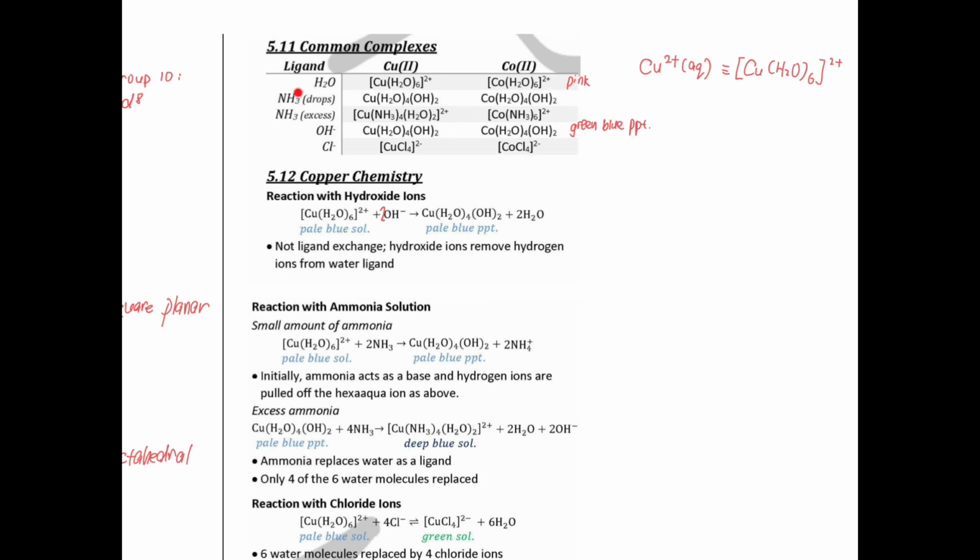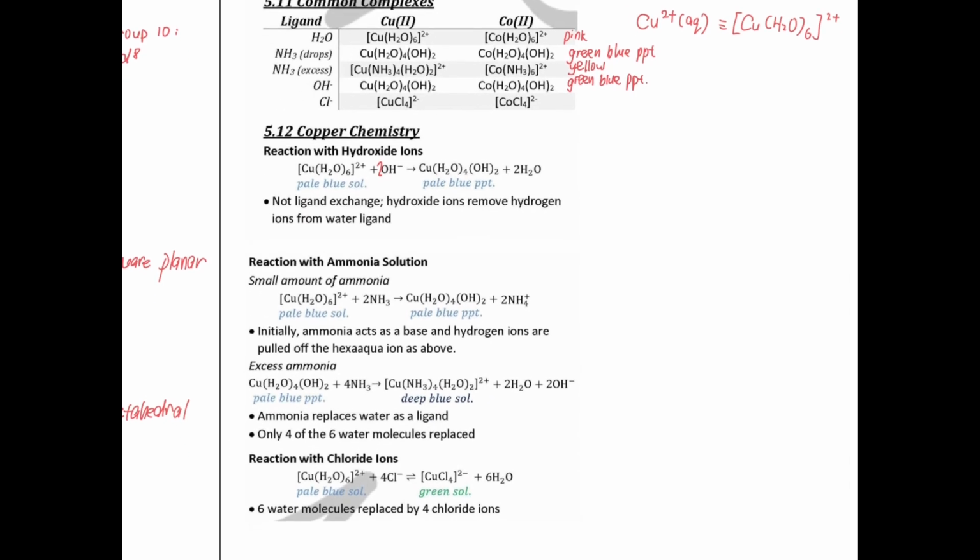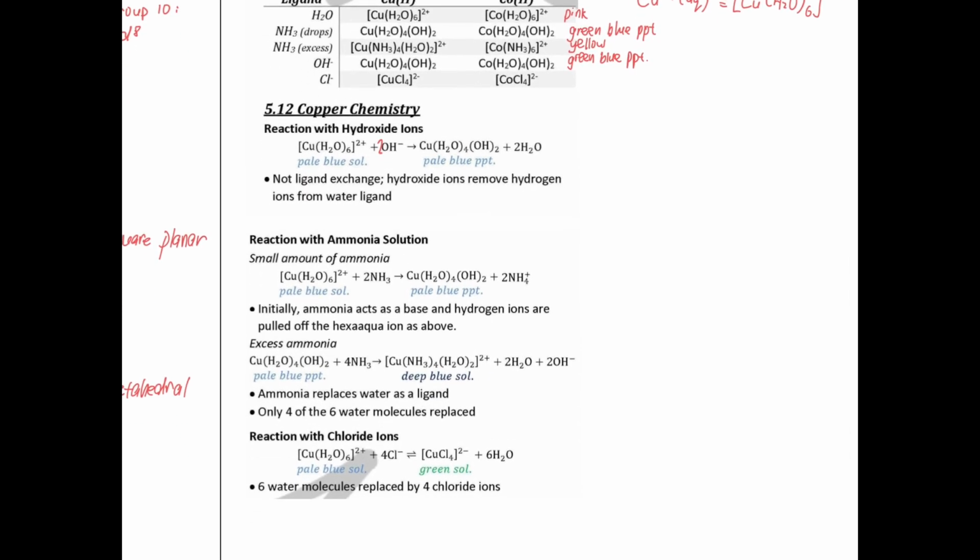Likewise, if you put a few drops of ammonia, they form green blue precipitate. Also the same product. If you put a lot of ammonia, then it dissolves. Now it forms yellow solution.